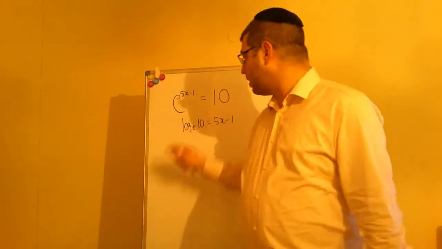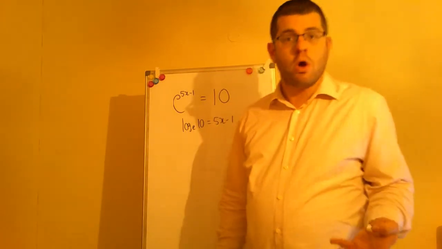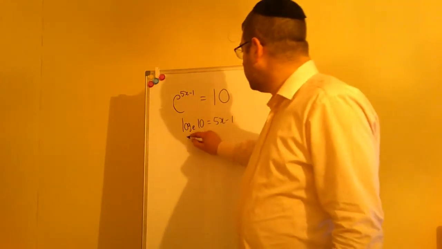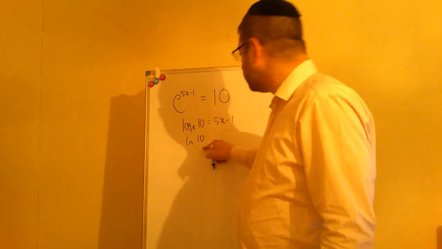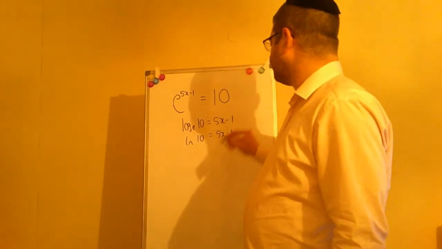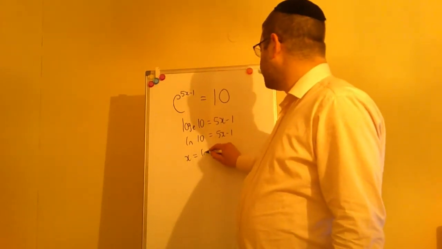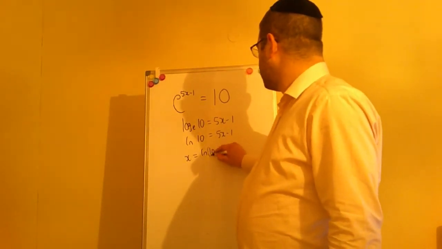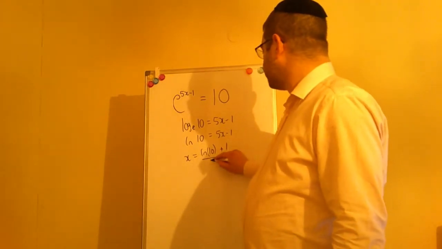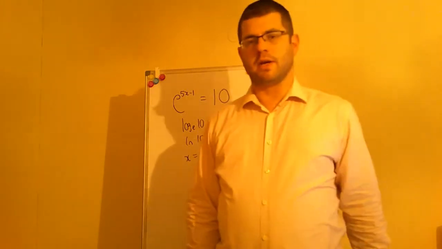And we've now learned that log base e, we don't really write log base e, which you can, but that's ln. So that's ln of 10, which you could compute using the ln button on your calculator, is 5x minus 1. Then we could rearrange from there, such that x would be ln of 10 plus 1, divided by 5. That would be an exact solution, and then we could work that out to a specific decimal place accuracy if we wanted to.